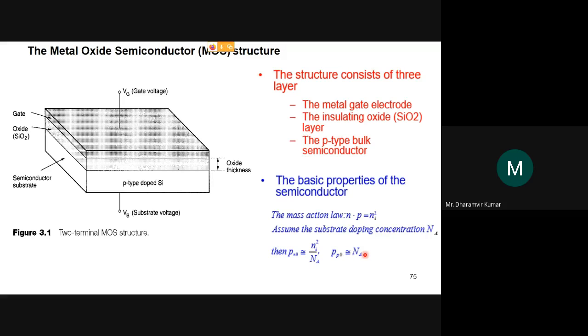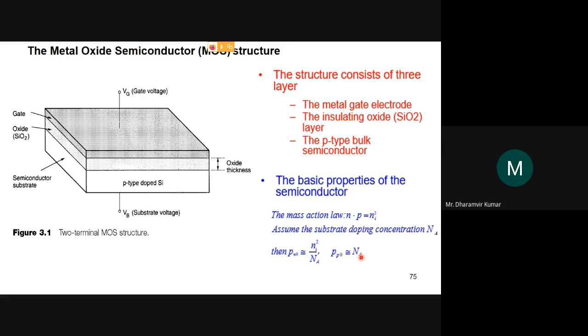Since when we add doping material to the intrinsic semiconductor, for example to form a p-type material, the concentration of holes that we get will be approximately equal to the concentration of doping material that we have added.